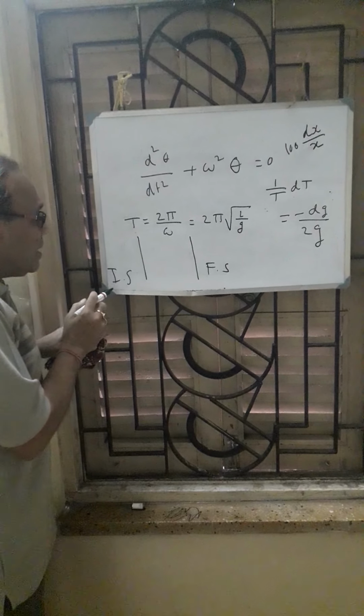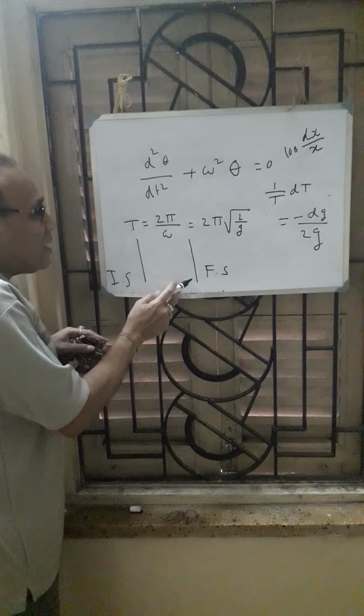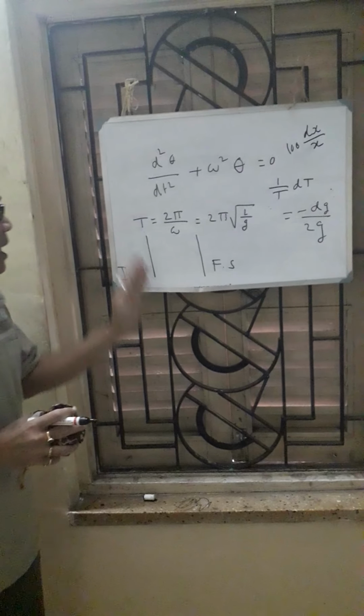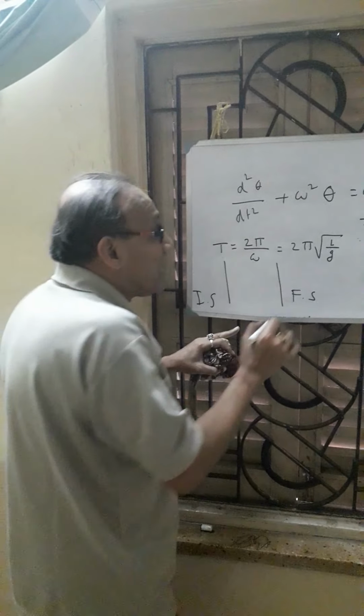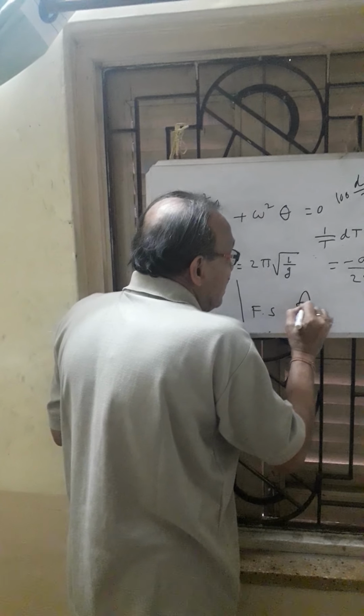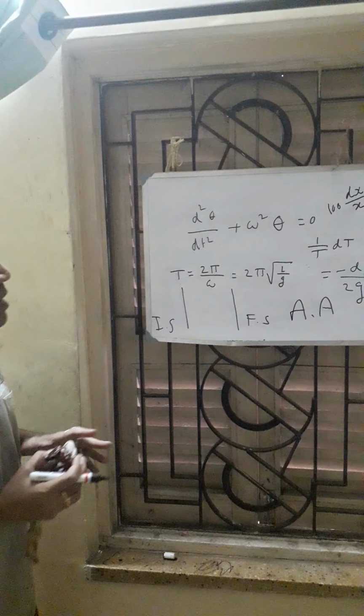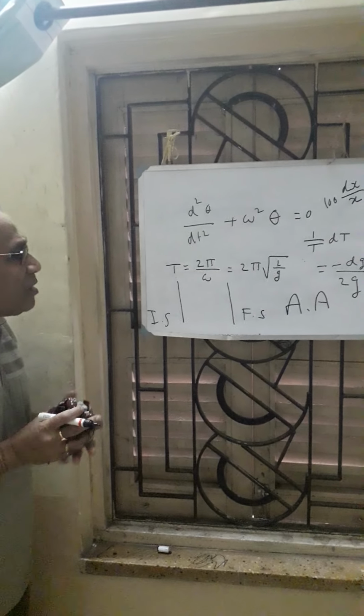The initial state does not know that I am advancing, but I can present the final energy and final state, final time period by using all the data of the initial state. This fantastic important thing is known as the adiabatic approximation. It is extremely important in quantum mechanics and nanotechnology.